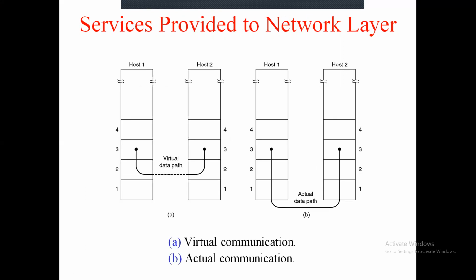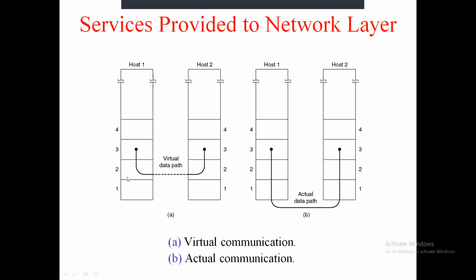Now, this is the virtual communication and actual communication. Let us see the left side diagram. This diagram shows the virtual communication. The virtual communication is between the sender side network layer and the receiver side network layer. See the difference.